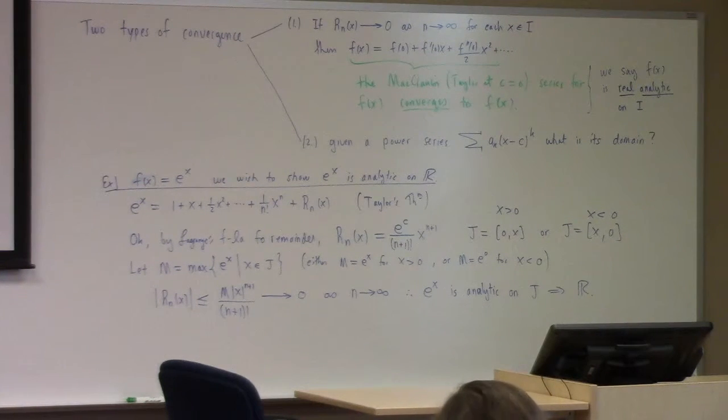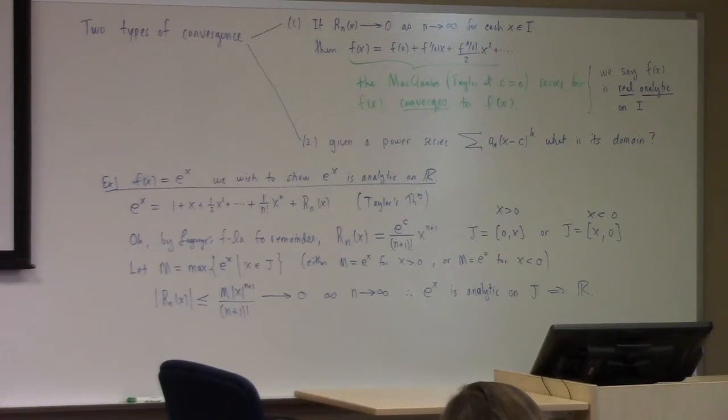That's why e to the x is matched by its power series everywhere. Now, if we actually tried to flesh out the details here, well, let me not say more.